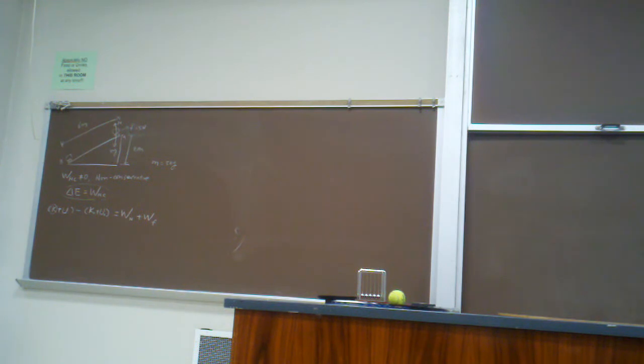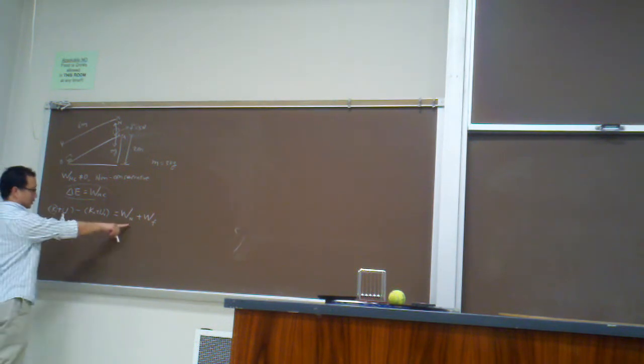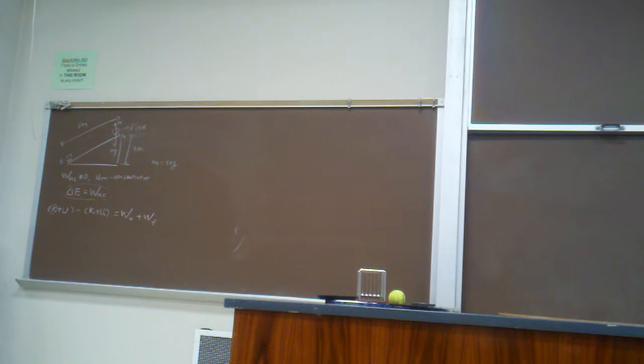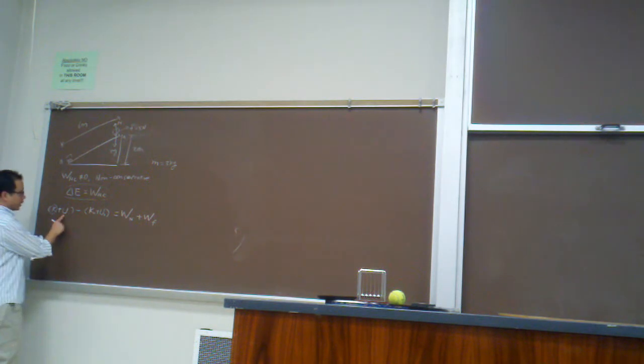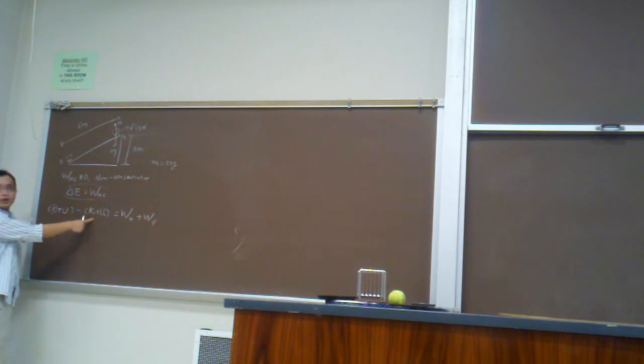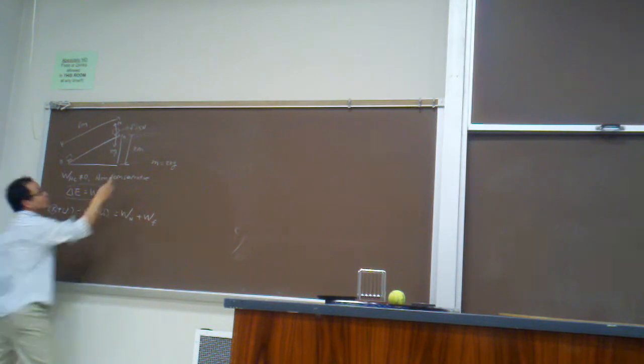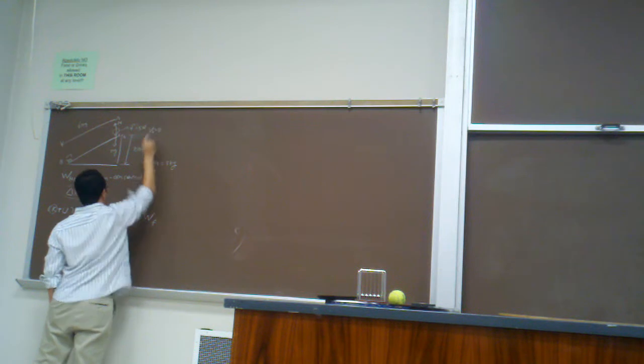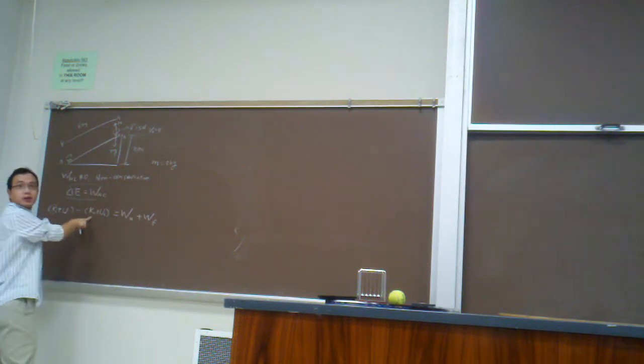Now let's look at, before we put in the numbers, the exact expression for each term. Let's first identify all the zero terms. Any zero term here? Yes, U final. First, K initial is zero because the initial velocity is zero, so K initial must be zero.